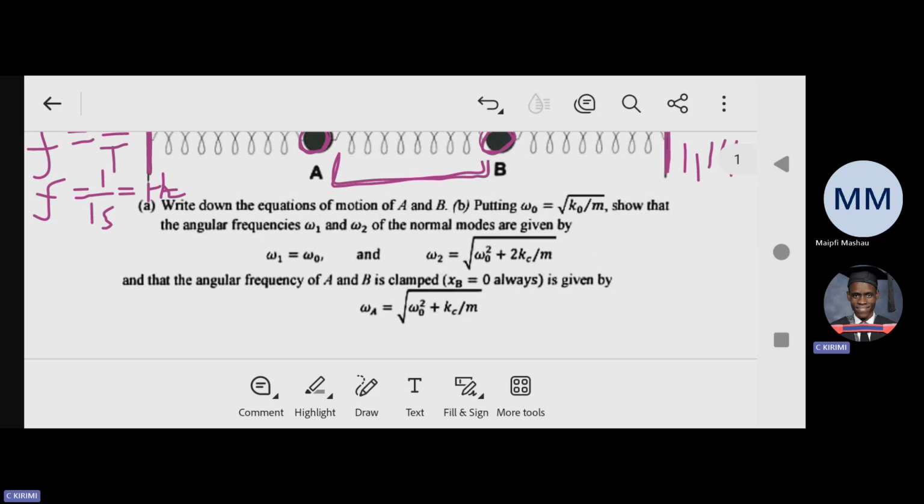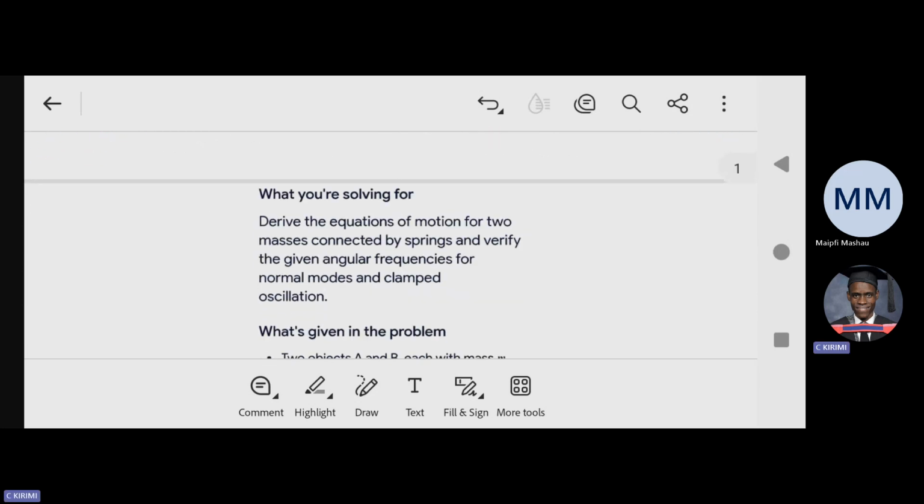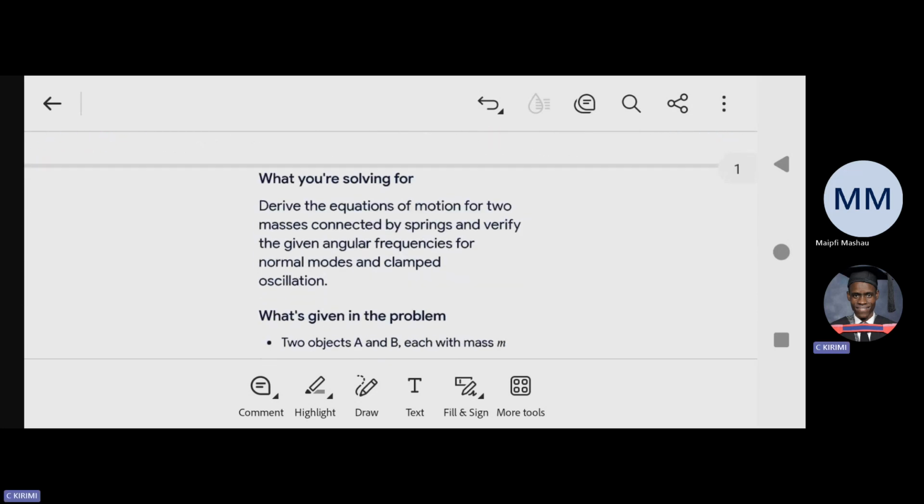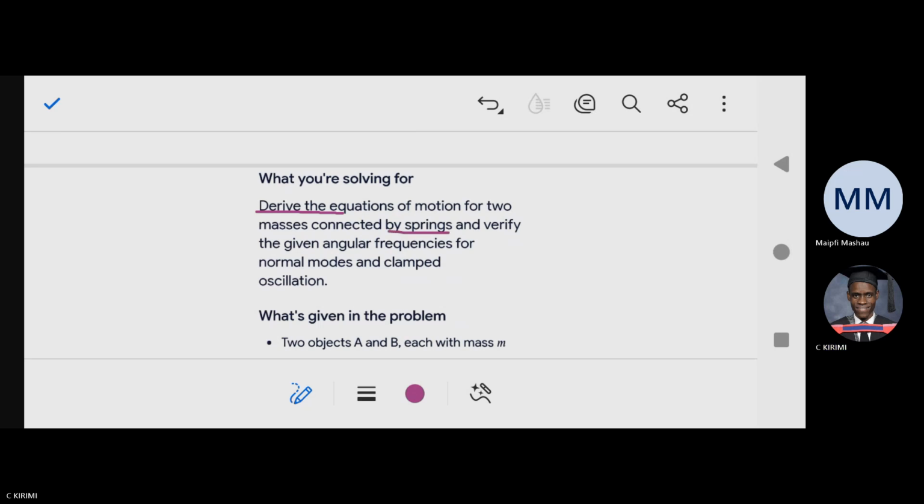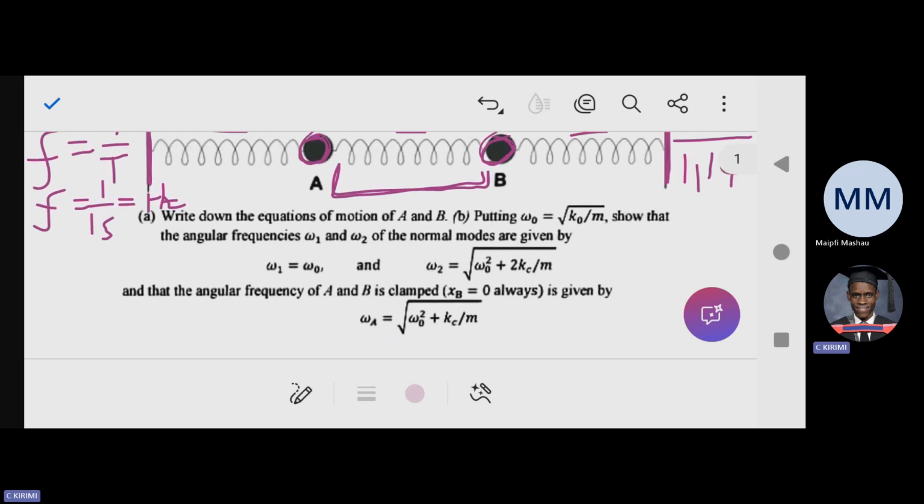So it's a good question: you have the answer, but you must show how you arrived at it. So this is what we are solving for. In other words, we are deriving the equations of motion for the two masses connected by springs and verifying the angular frequency for the normal modes and coupled oscillation. So that's what we are supposed to be doing. And once you have arrived here, then you know you are correct.